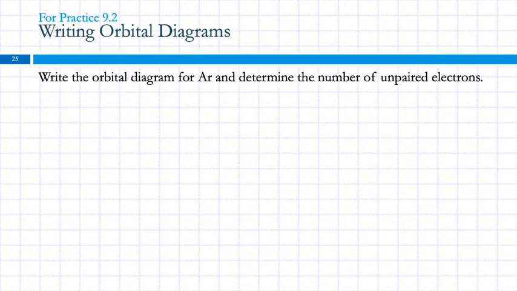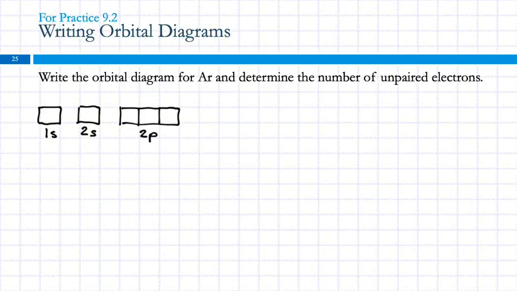Okay, so let's write the orbital diagram for argon and determine the number of unpaired electrons that it has. I haven't shown you how to get the order off the periodic table yet, so I'm going to kind of do that part for you. So there's 1s and 2s and then 2p. And then we're up to the 3rd floor.